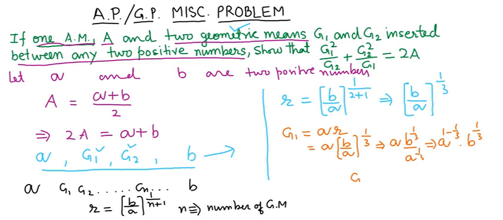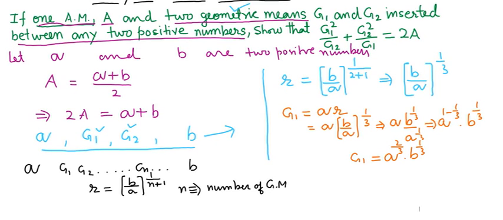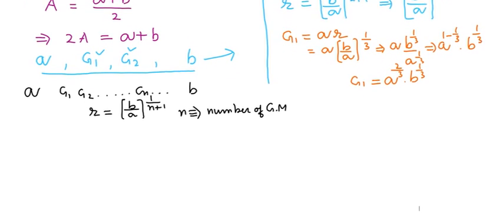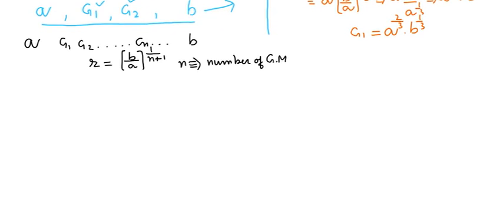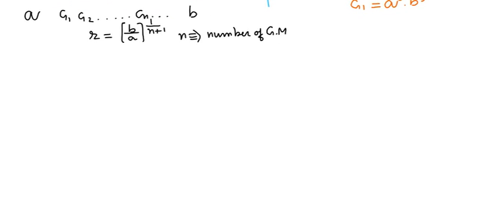Therefore, G1 will equal a raised to the power 2 by 3 into b raised to the power 1 by 3. Similarly, we will calculate G2.